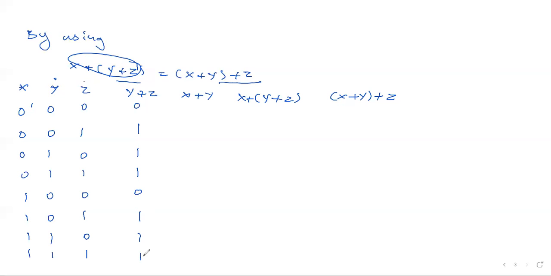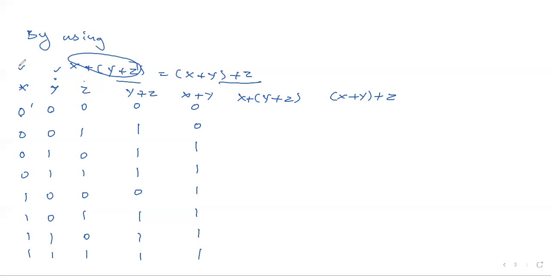Am I right? Now x or y, consider this and this. 0 0 0, 0 0 0, 0 1 1, 0 1 1, that is 0 or 1 is 1, 1 or 0 is 1, 1 or 1 is 1, 1 or 1 is 1.